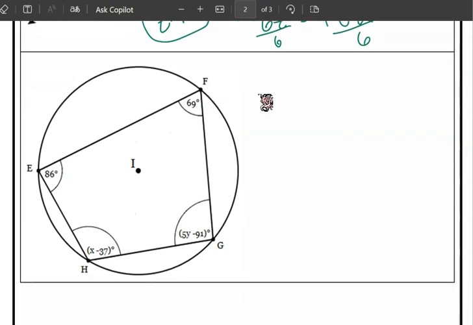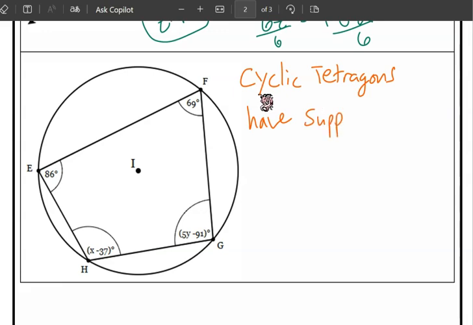This example has a circle with a quadrilateral inside of it. Cyclic quadrilaterals, four-sided polygons inside of a circle, will have opposite angles equal to 180.